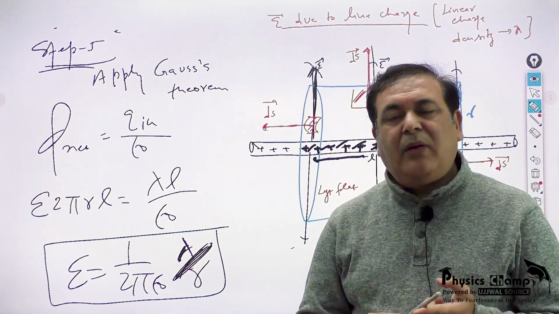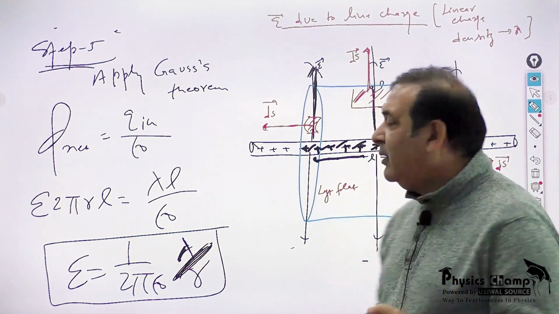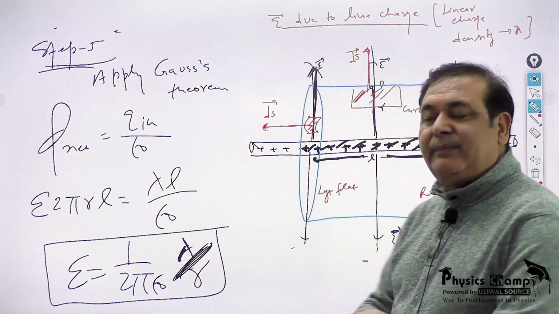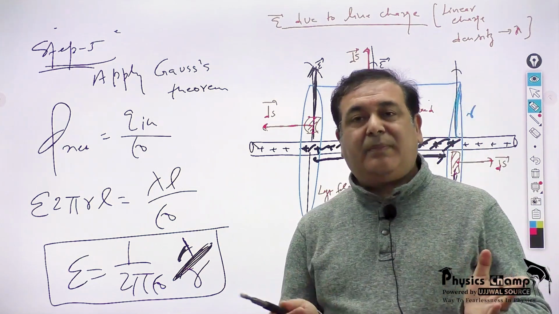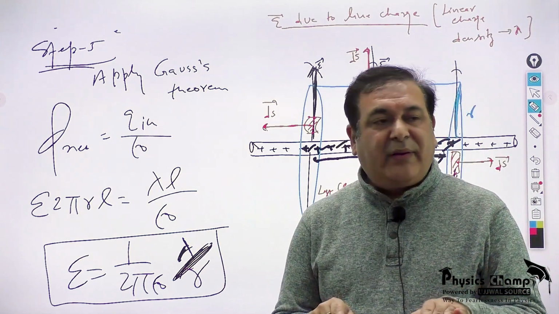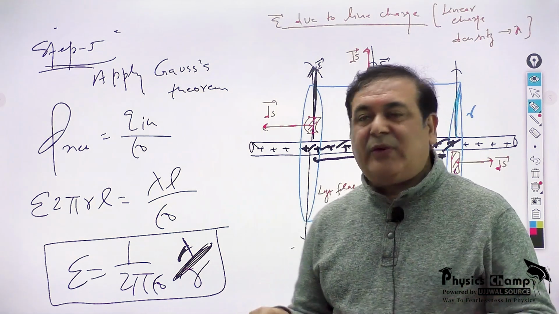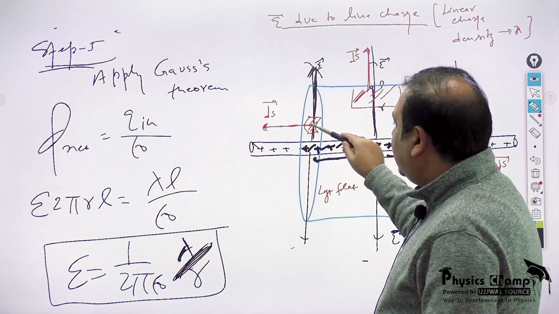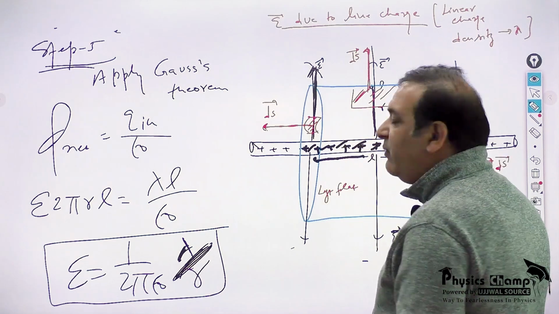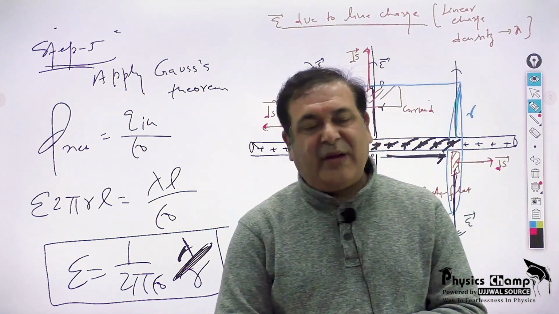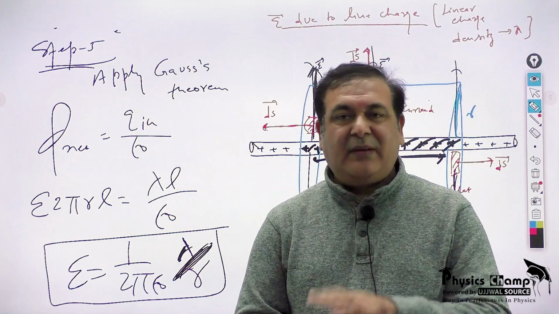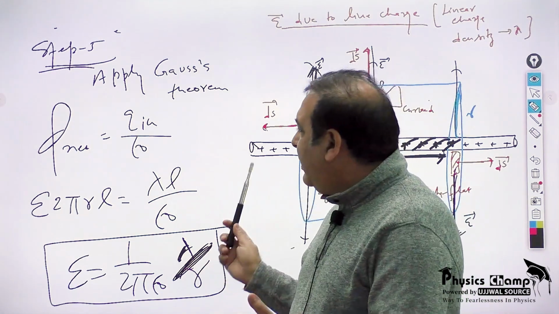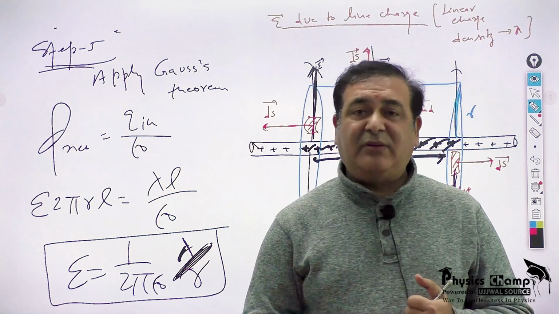Second step, look for the direction of the electric field, which is radially outward. Third step, take a patch on every kind of surface and find the flux through it. The flux through the curved surface is E into 2 pi RL, where the flux through the left flat and right flat surfaces is 0, since E dS cos 90. Step 4, look for the charge inside.